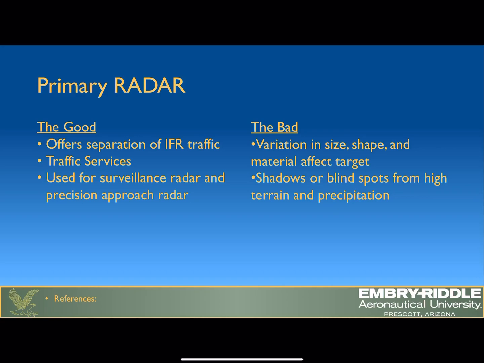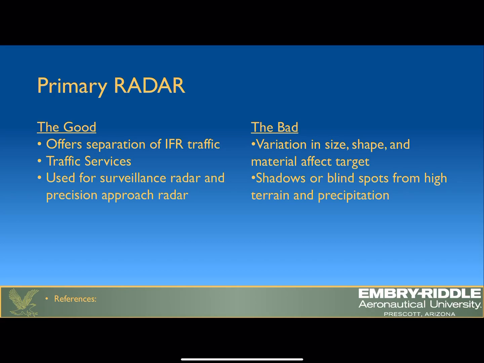Primary radar has good and bad. Primary radar offers separation of IFR traffic. It helps ATC identify the different IFR aircraft and keep separation between all those aircraft. They can provide traffic services such as sequencing and separation, used for surveillance radar and precision approach radar.